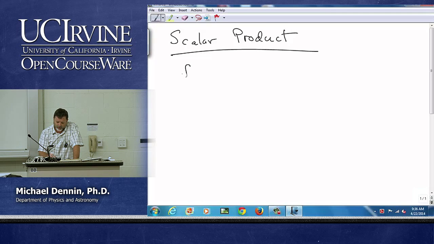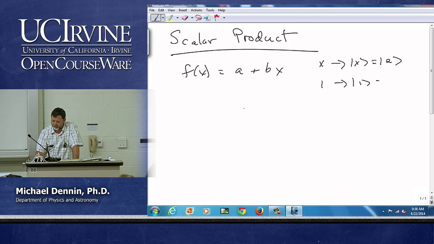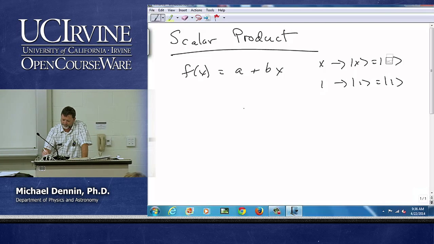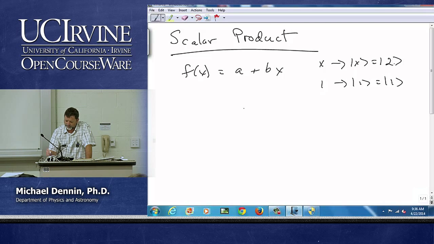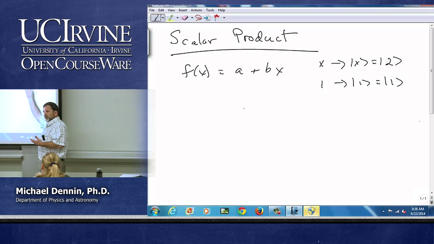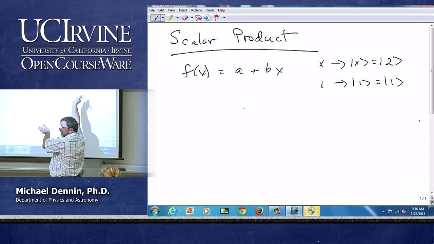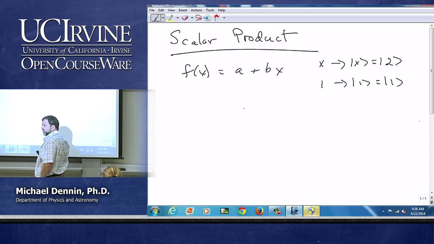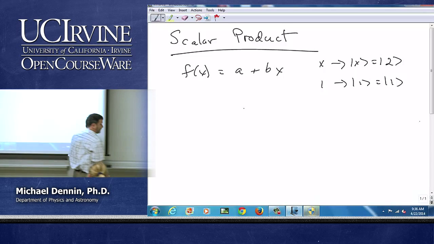So if you recall, we came up with an example of a two-dimensional linear vector space, which was linear functions, and we let x be one of our basis vectors, which we might call basis vector 2. And 1 was our other basis vector. And this is where the ket notation becomes very useful. We can label the ket very nicely based on the basis vector we want, 1 or x.